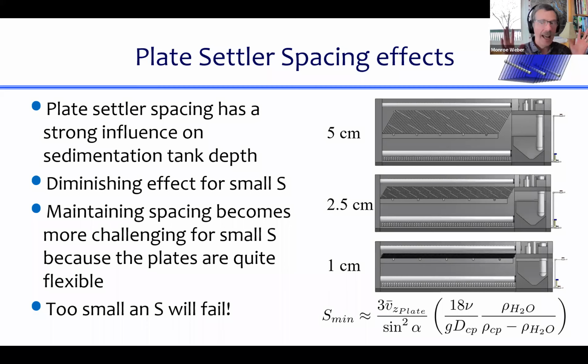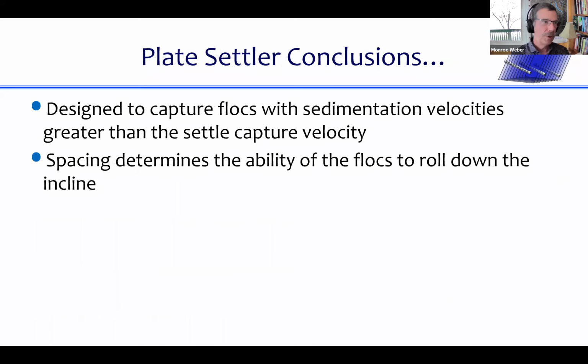And so conventional plate settlers use 5 centimeter spacing. We've dropped that to 2.5 to make a more compact plant, but we're not going to go to 1 centimeter because the analysis suggests that we would run into failure if we went to 1 centimeter, although it would be a cute little design, but it wouldn't work.